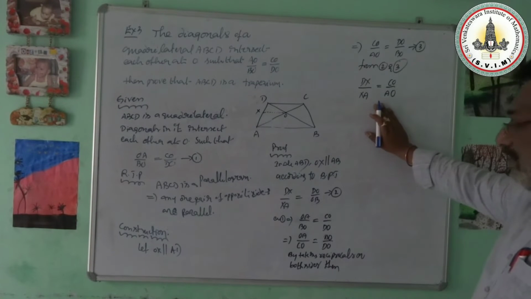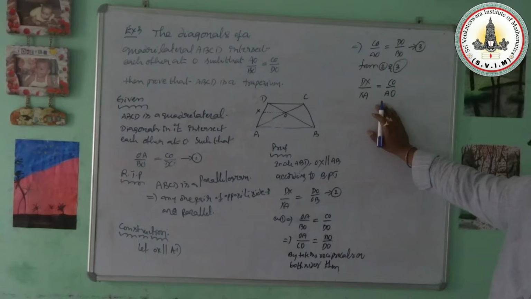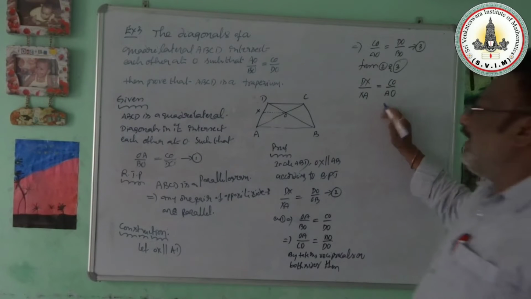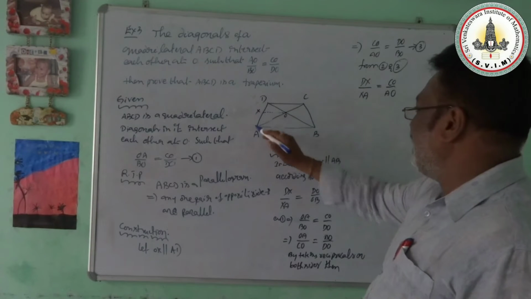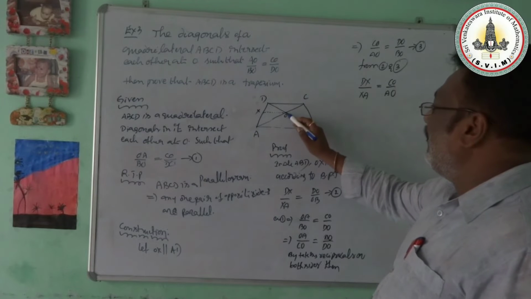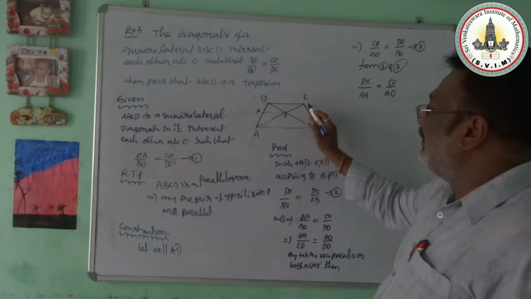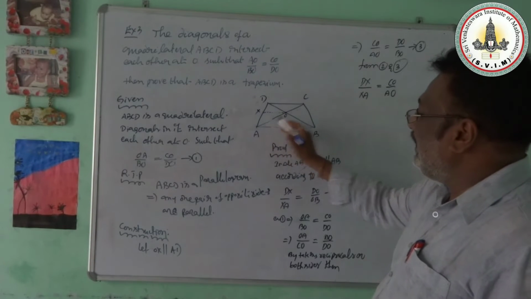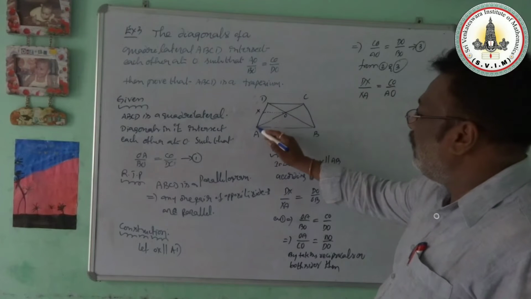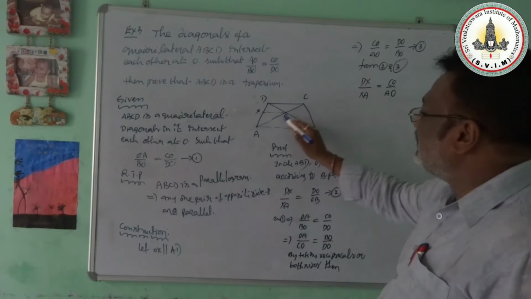This information which you are getting, you need to check once in the figure. DX by XA is equal to CO by OA, or AO, you are getting.